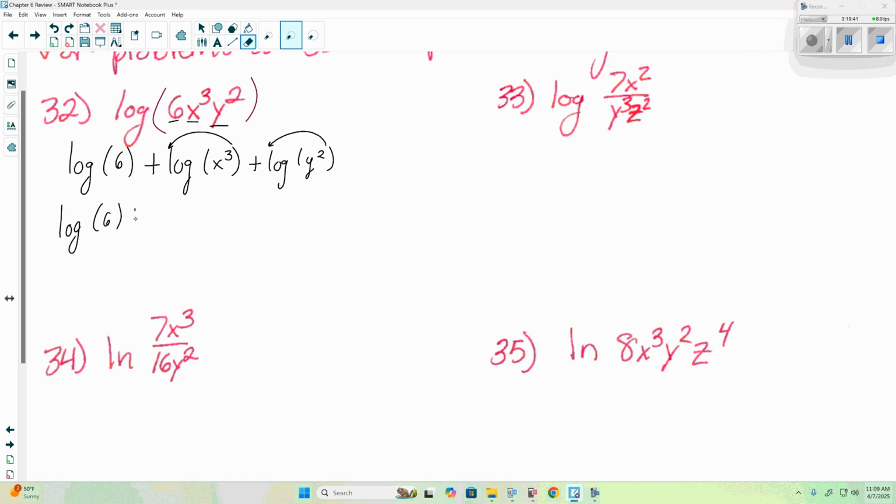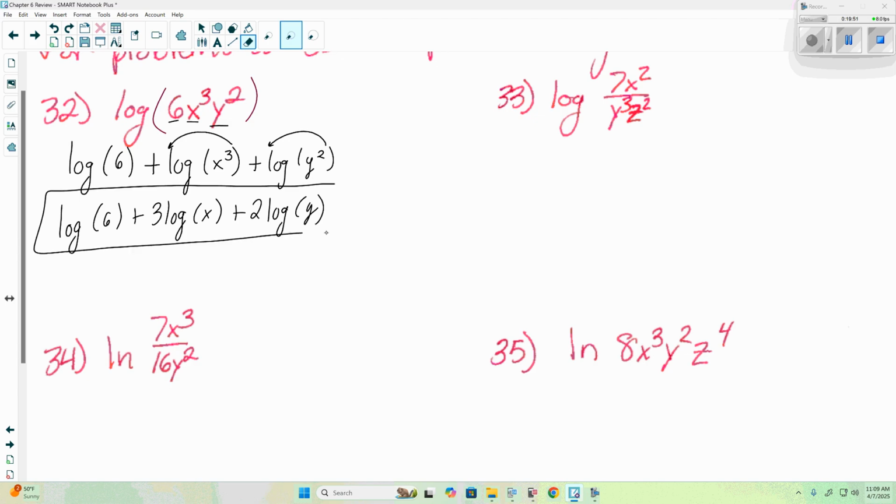So we have log of 6 plus 3 log of x plus 2 log of y. Questions on 32?